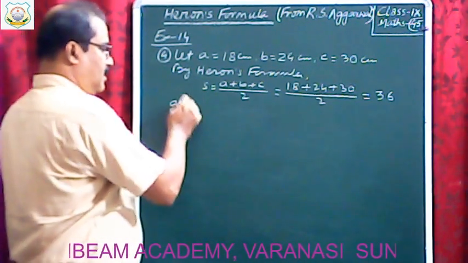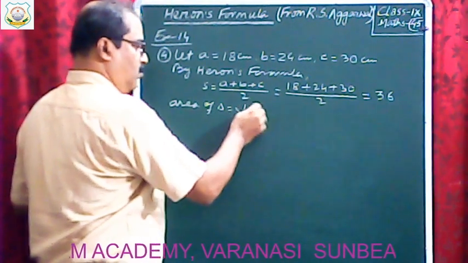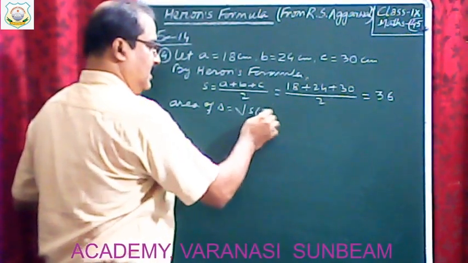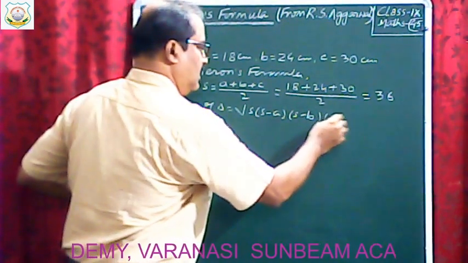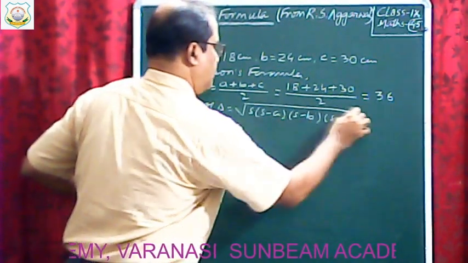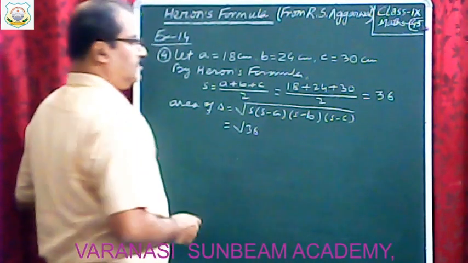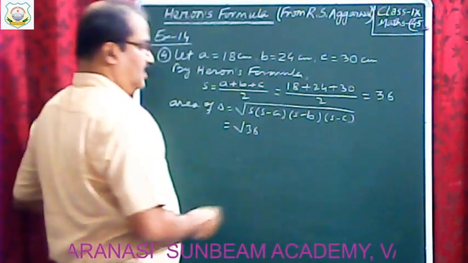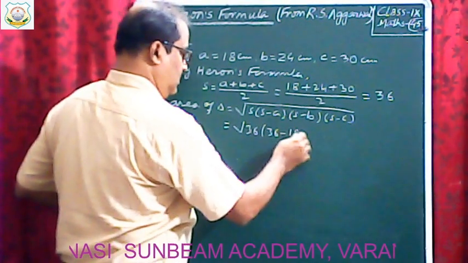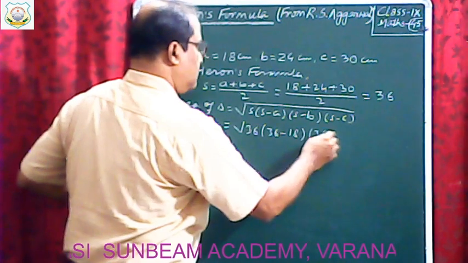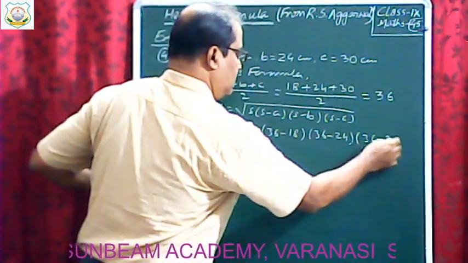So area of triangle equal to square root S, S minus a, S minus b, S minus c. So put the values: 36, S minus a is 36 minus 18, 36 minus 24, 36 minus 30.